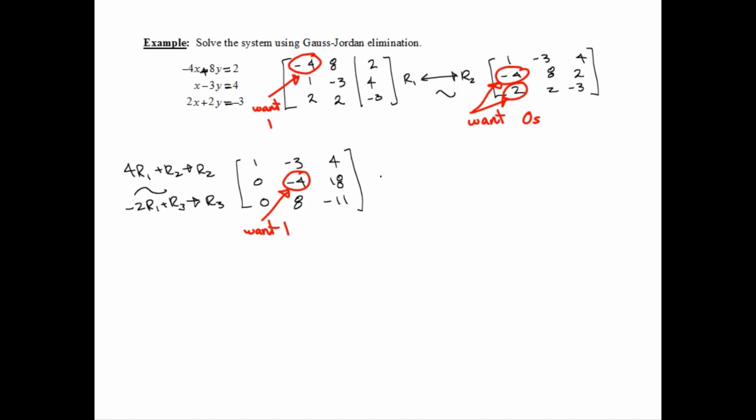So we multiply the second row by the reciprocal of that number, so -1/4 row 2 into row 2. Okay, now we need to get the zeros in that column.